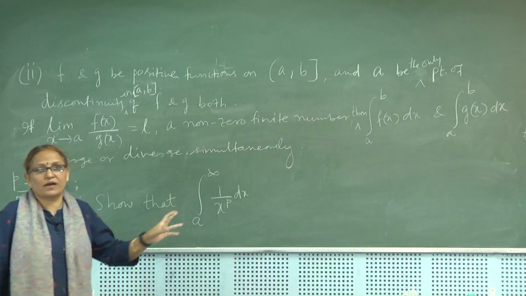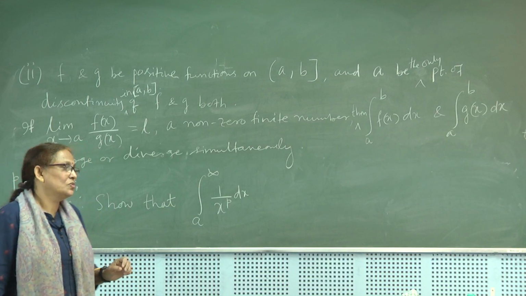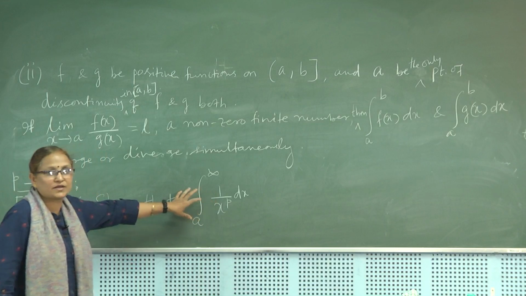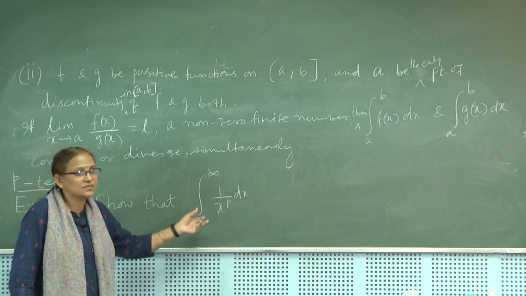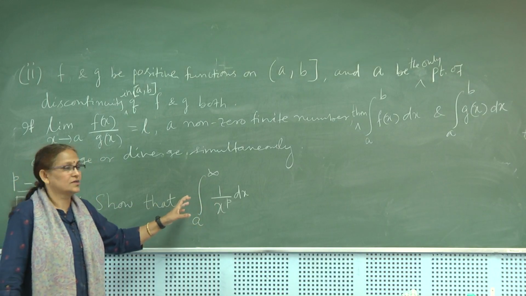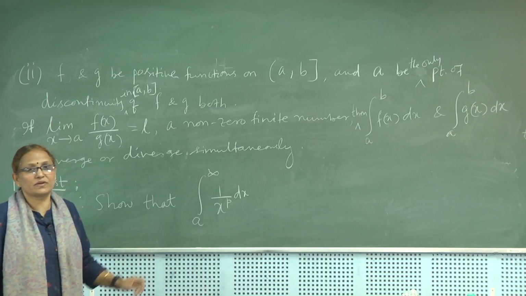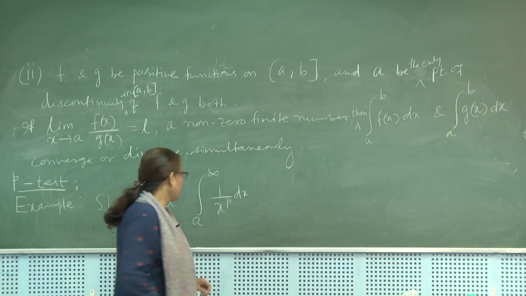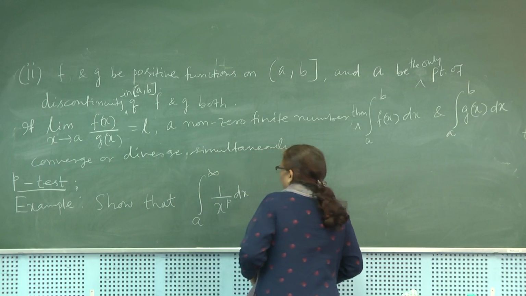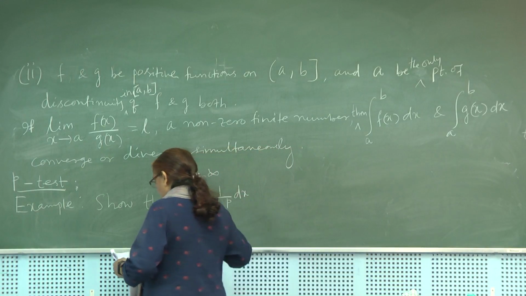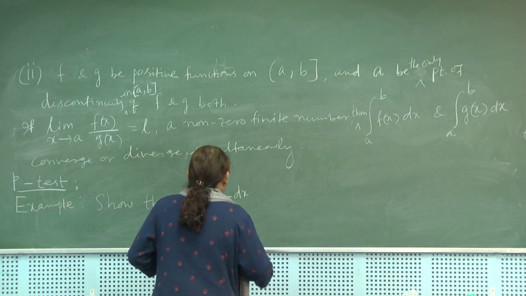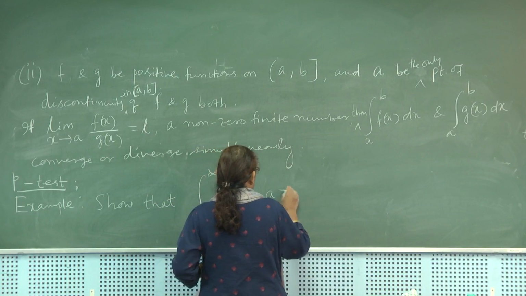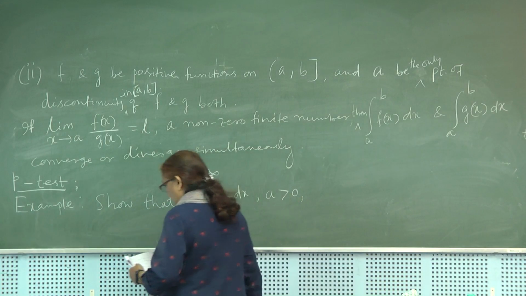Depending on the values of p, for what values of p is this improper integral convergent, and for what values of p is it divergent? It depends on the value of p. Of course, here we consider a greater than 0.